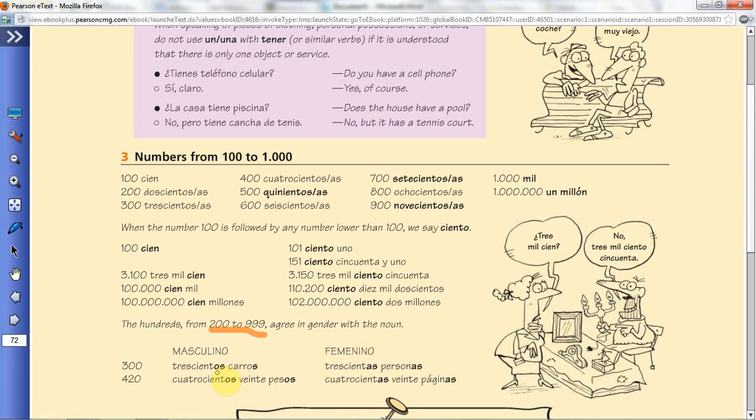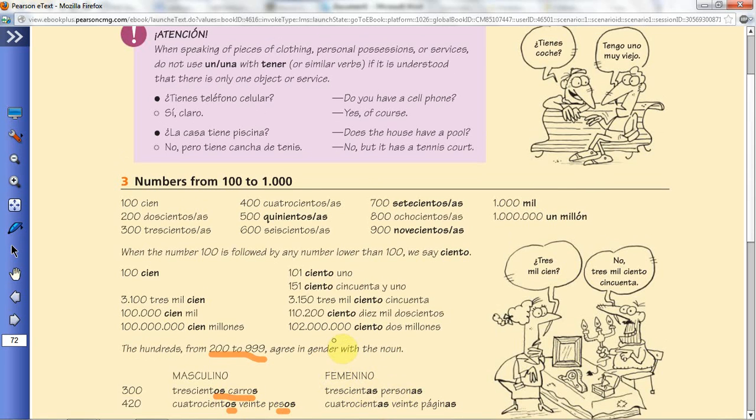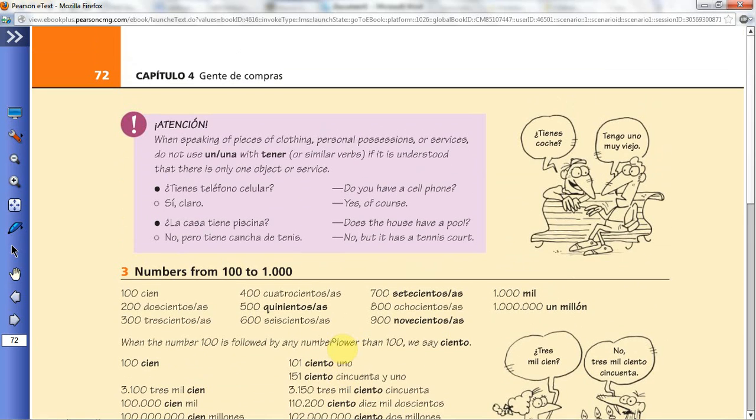So here you have some good examples. 300 carros, 400 pesos, 420 pesos, sorry. 300 personas, 400 páginas. Okay, and so I jumped ahead a little bit, but that's kind of similar to what we're doing with uno. Then, finally, when you use tener, don't use un or una if it's understood that there's only one.